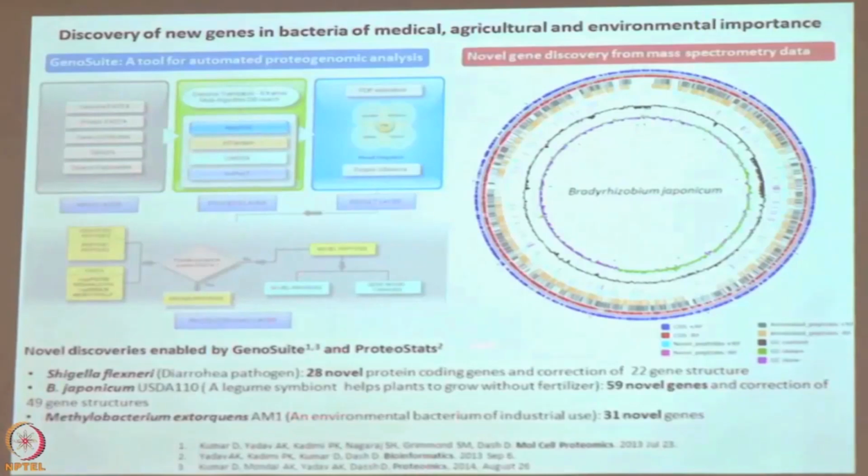From the first part, the prokaryotic story, we published several papers in which, using this particular pipeline, we could identify new translated regions in Shigella flexneri, Bradyrhizobium japonicum and Methanobacterium extorquens. And if there are students in this audience who are computationally oriented and want to do something, here is some low hanging fruit for you.